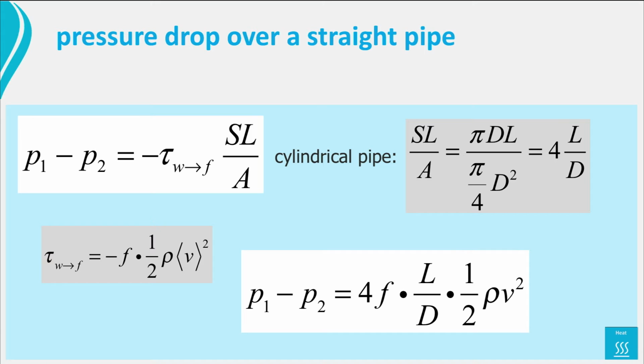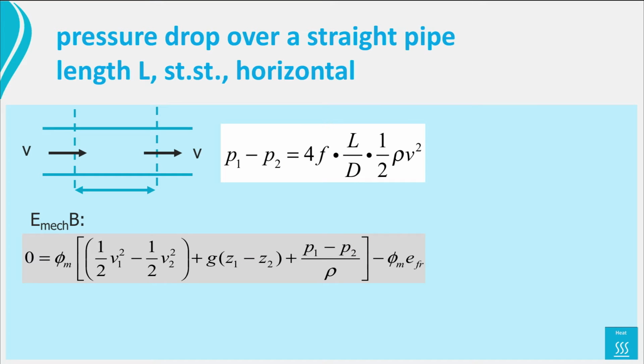All we need to have is data on the friction factor F. We'll come back to that in a second. But first, we can use this new expression in the mechanical energy balance. Remember that we had there the unknown dissipation term, the destruction of mechanical energy into heat via friction.